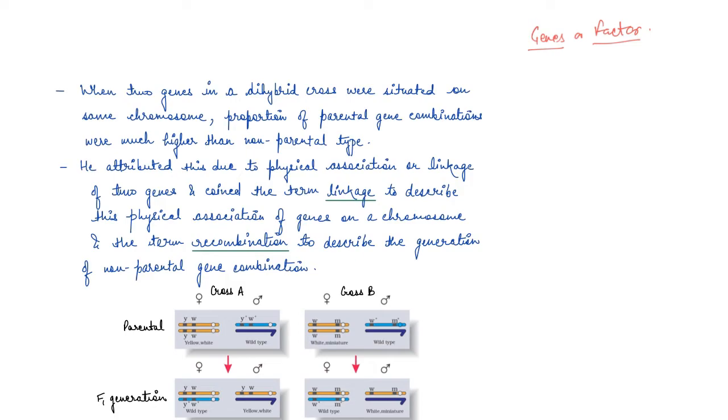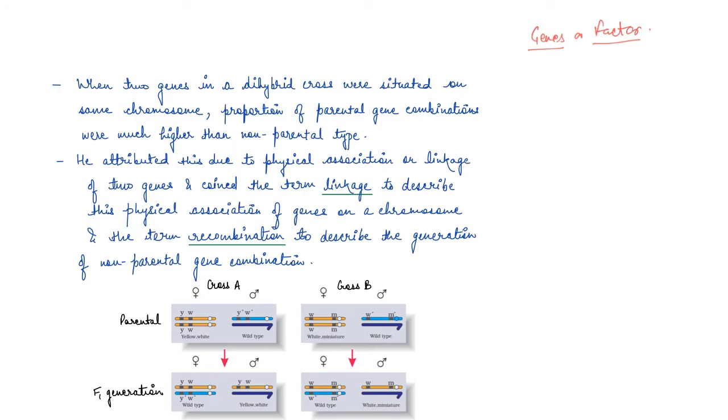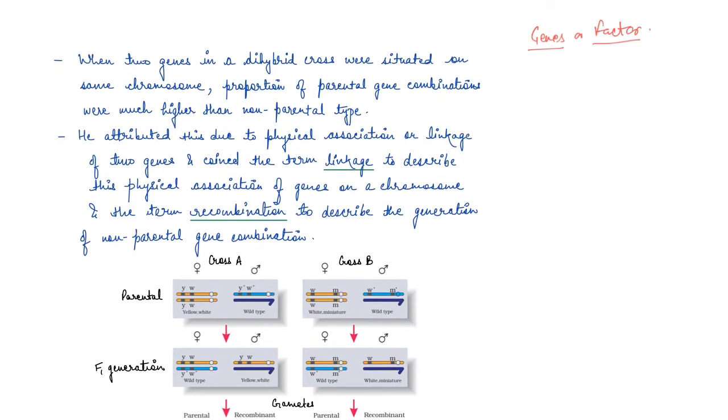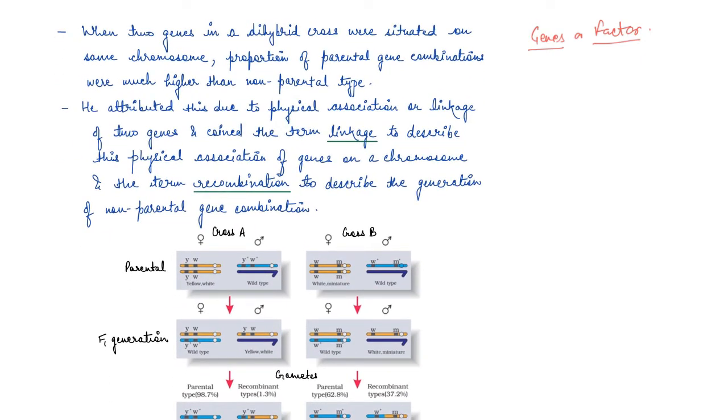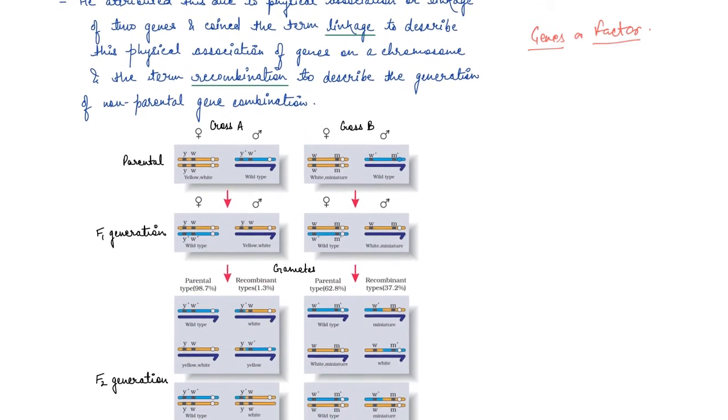So he said that this is due to physical association or linkage of two genes, and he coined the term linkage to describe this kind of association of genes on a chromosome, right? Now the term recombination was to describe the generation of non-parental gene combination.